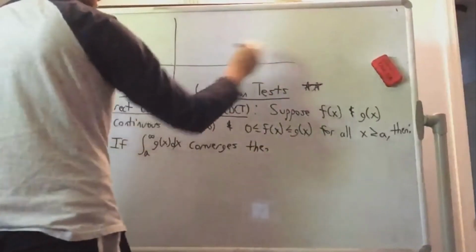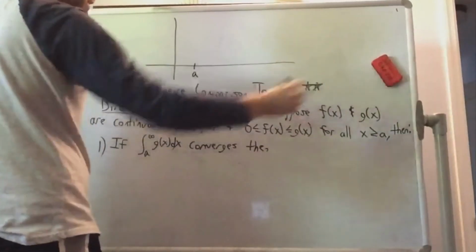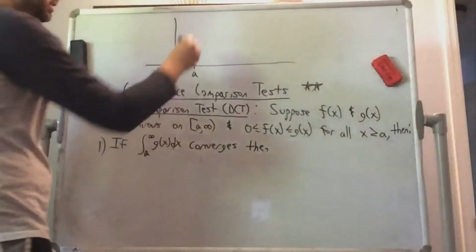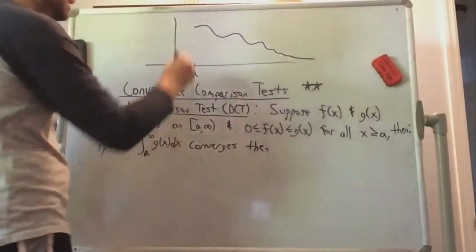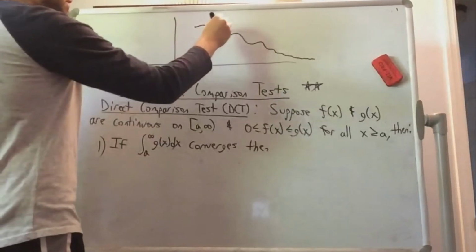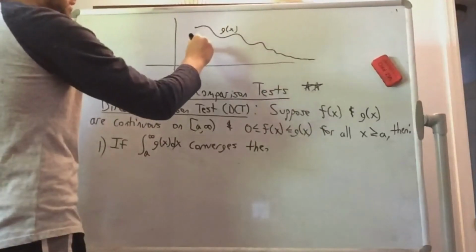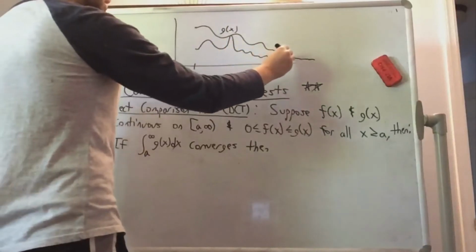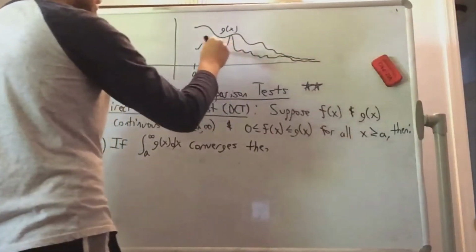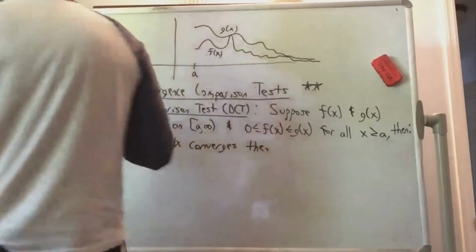Imagine here's a to infinity. I've got two functions; g of x is always bigger than f of x. Here's g of x on top. F of x could go up and meet it, but it's always at least under the other one.